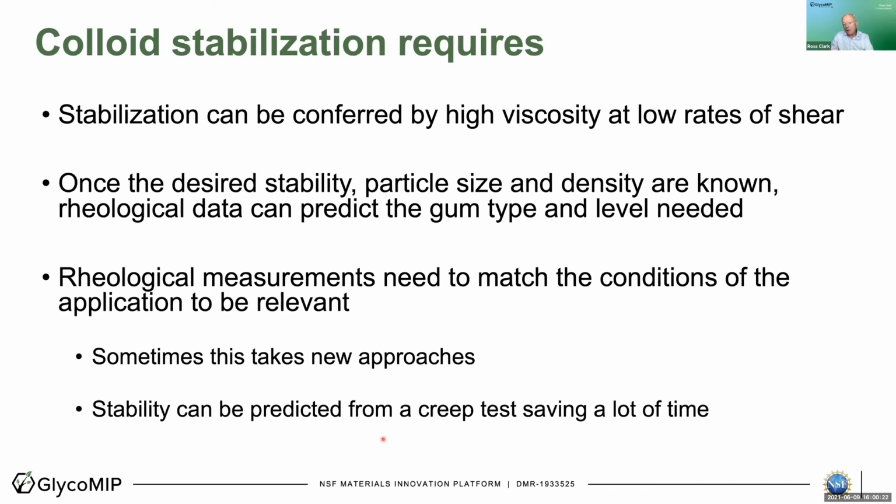Once I know all of my criteria, I can predict this. And it's so powerful. If you've ever had to do stability studies, if I could tell you, I will tell you what's going to happen in a year, and give me just a day and I'll predict that, I think you'd find that rather valuable. This takes new approaches. It isn't the way that people always approach this, and we can predict stability very effectively this way.